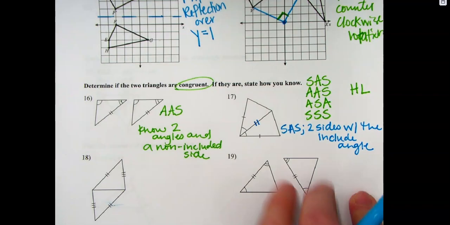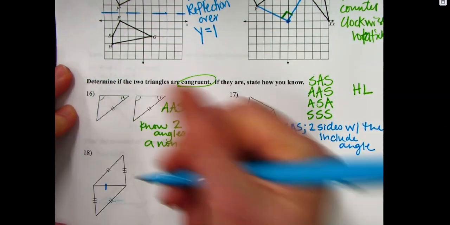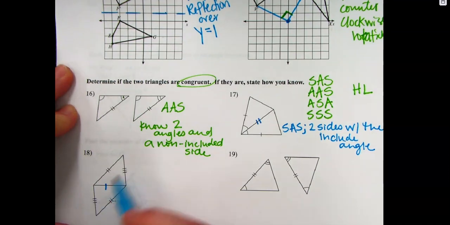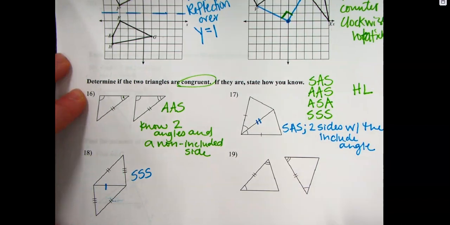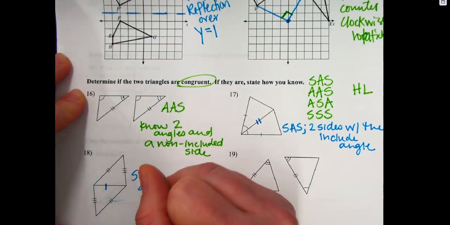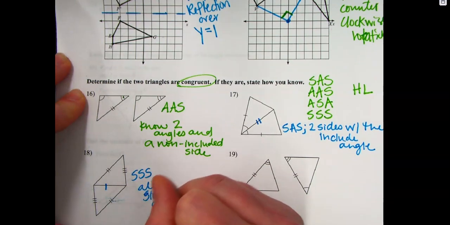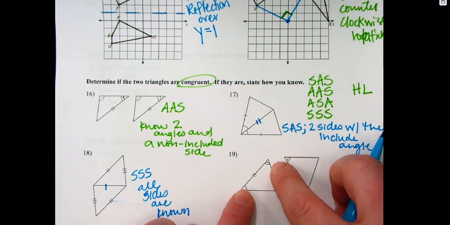Okay, for this one, number 18, again, they have a shared side. I'm just going to put one tick mark because they've got 2 for this one and 3 for that one. So that means we have all 3 sides, which is side, side, side. All sides are known. Okay, for this one we have 2 angles and then the included side.